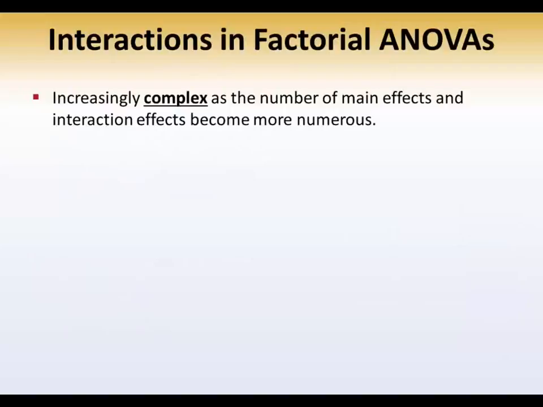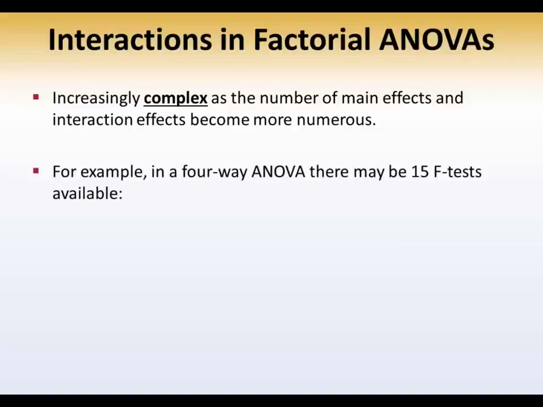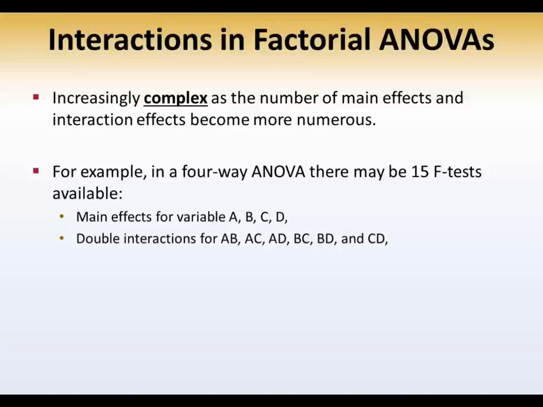When we have more than a 2x2 design, it becomes increasingly complex. For example, in a four-way ANOVA, four factors or four independent variables, there may be 15 F-tests available. Main effects for variable A, B, C, and D, the four factors. Double interactions for AB, AC, AD, BC, BD, CD.